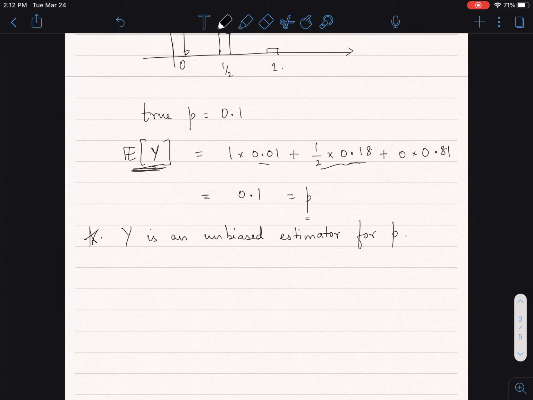But we are also interested in two other quantities. Okay, so what is the typical error of the estimate? And what is the variance of the estimate?